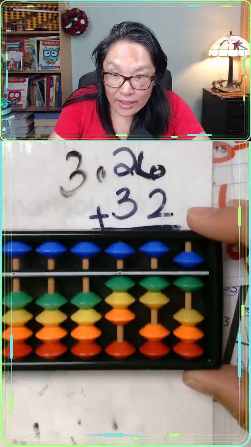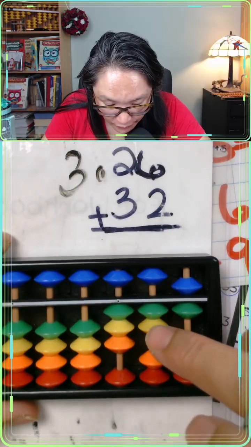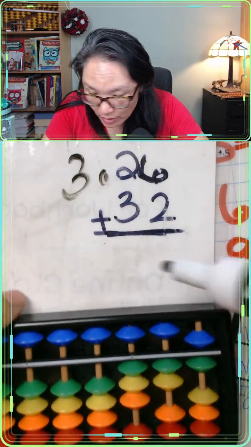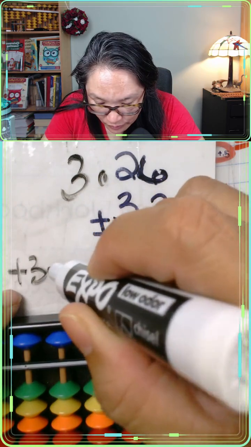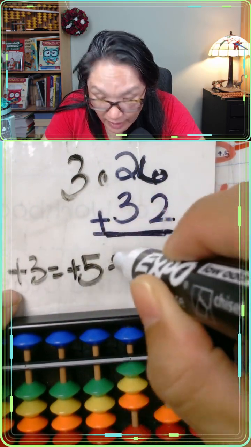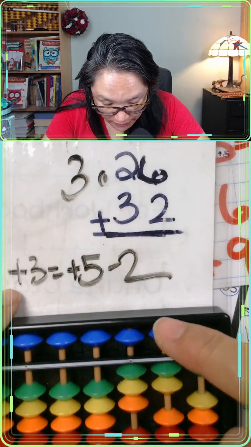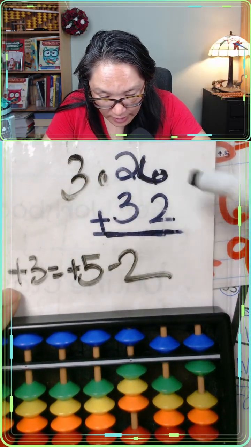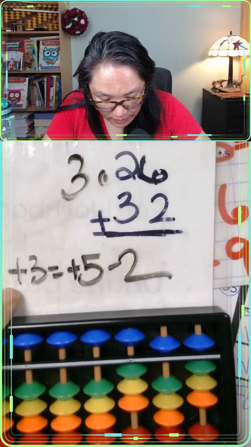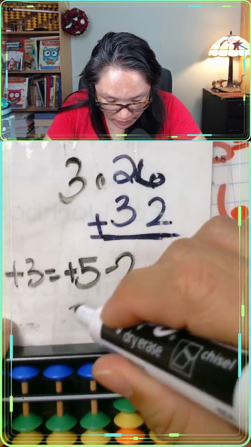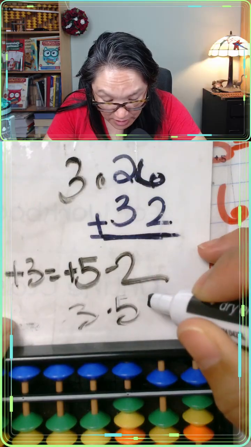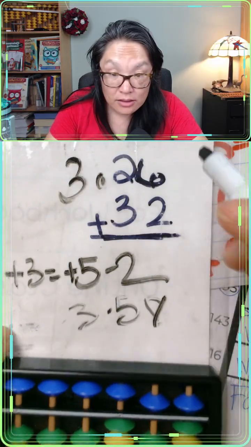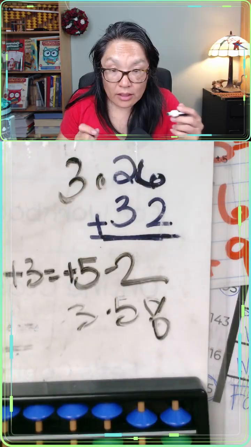And then we want to add 32. If we add the 3, can't do it. What do we do? We have to add the 3 is equal to plus the 5 minus the 2. So we're going to plus the 5 minus the 2. And then I want to add the 2. Can I do it? Yep, I can do it. So my final answer is $3.58.